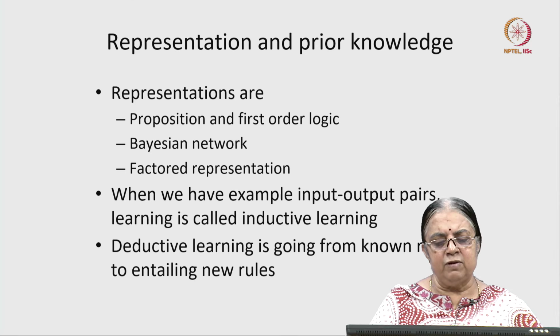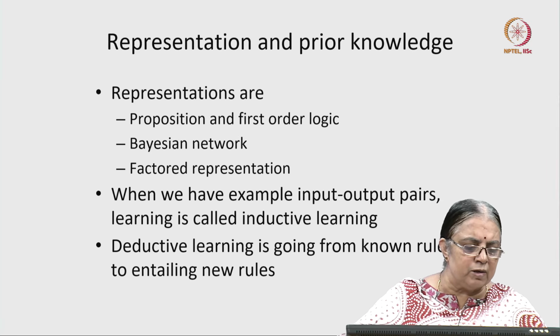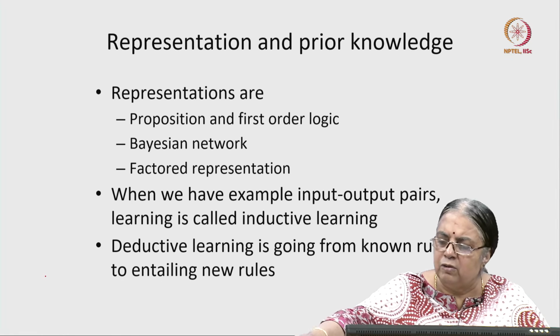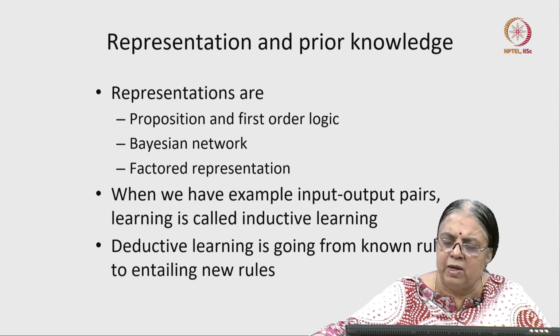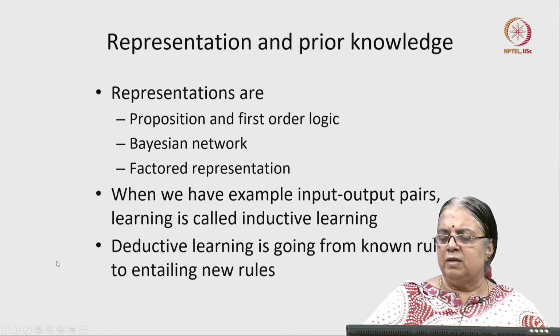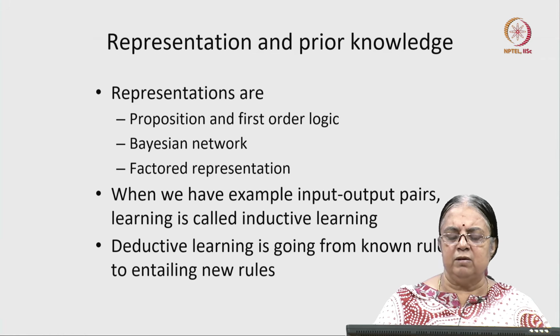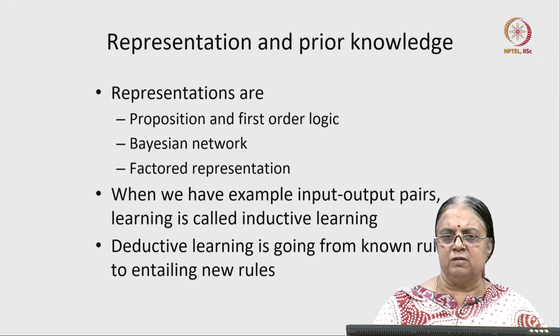Or you can have input output pairs. How do these input output pairs actually work? You may have, for example, features f1, f2, f3, f4, and these features will have some values, and you will have an output which gives you the class label of that pattern.